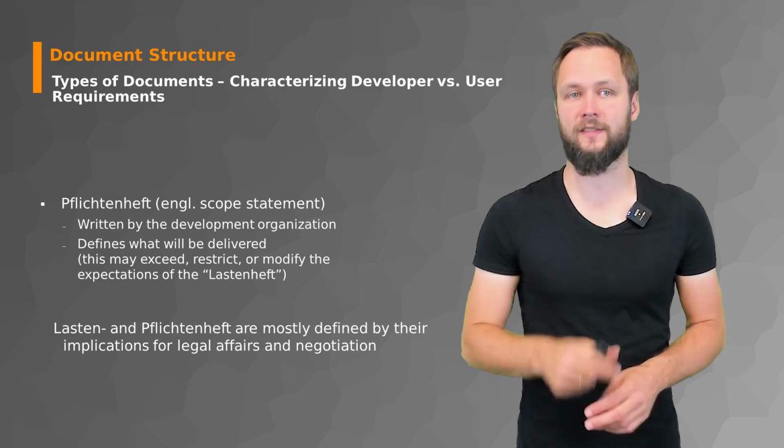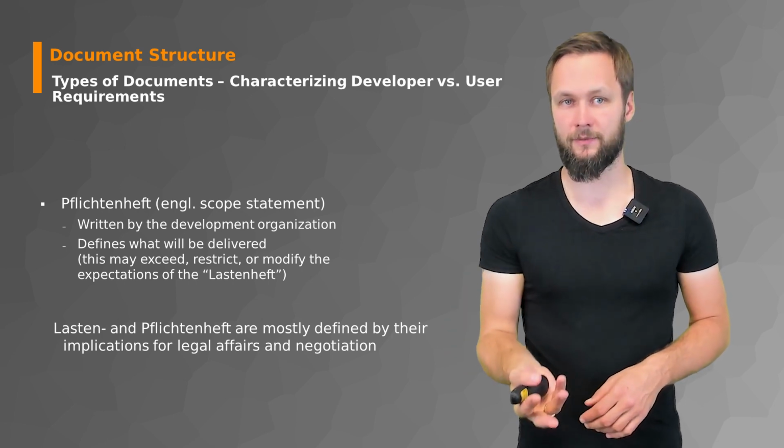From a legal perspective, you can maybe use it to define a call for bids. So you write down what you want, then you give it to the public and say, I want this, who can develop this for me in a certain time frame for this amount of money? Come on, give me some bids. So this is a Lastenheft, what the customer wants.